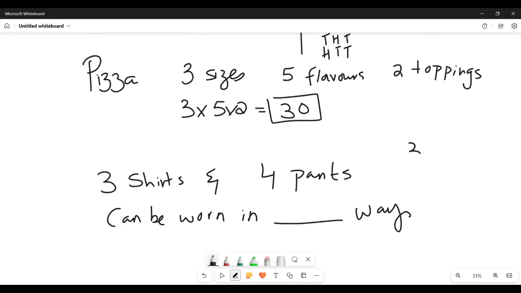Using the basic counting principle, there are 12 ways in which these combinations can be worn. So 12. Okay, that's the concept of the basic counting principle.